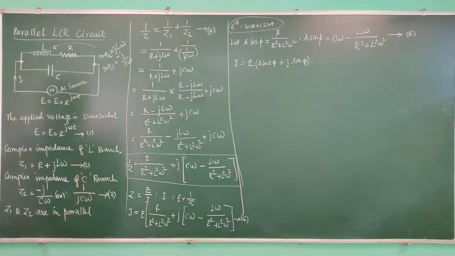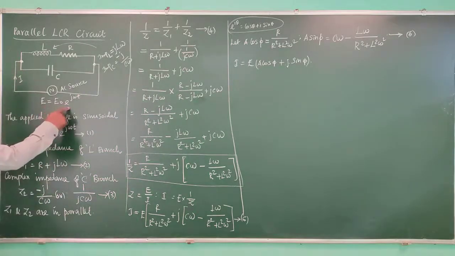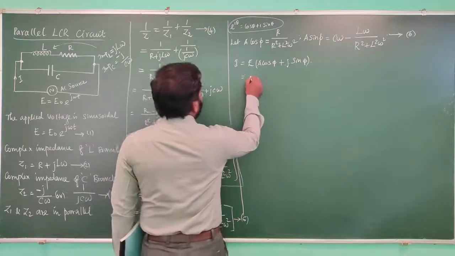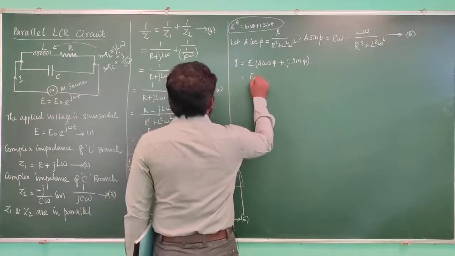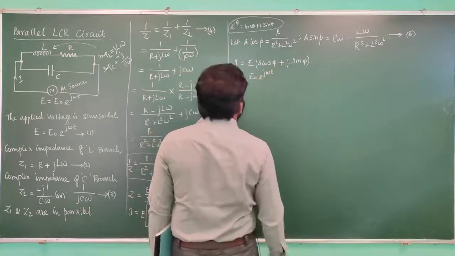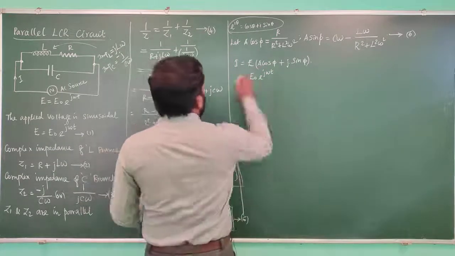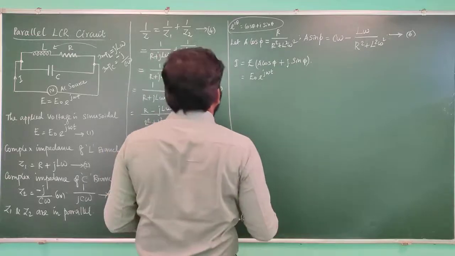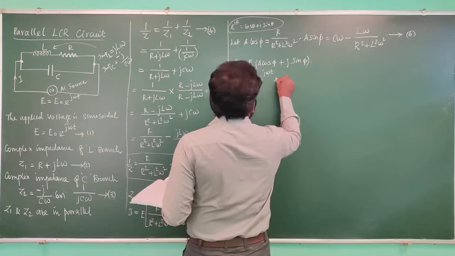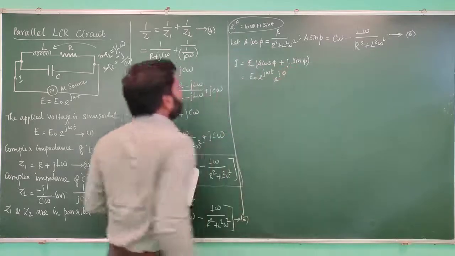But what is E? E is equal to E naught e power j omega t, right? So this we can write as E naught e power j omega t, and this A cos phi plus j sin phi you can write as e power j phi.